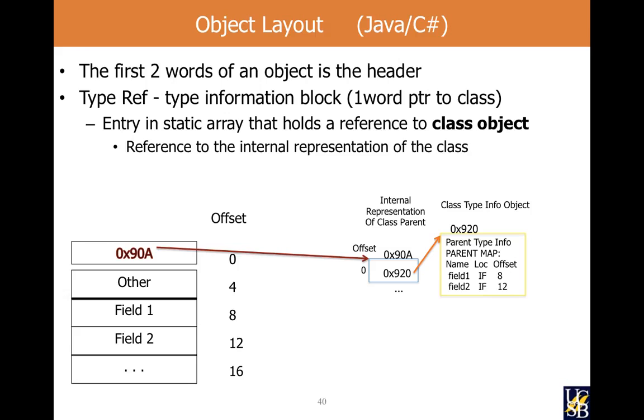We indicated it with a new instruction, new parent. Now that we have this connection, we're able to figure out what the type is of this object, and having that information, we can take an offset from the top. We can figure out what offset we want to access in order to access our fields. Again, every object instance will have a similar header and entries for its individual fields.